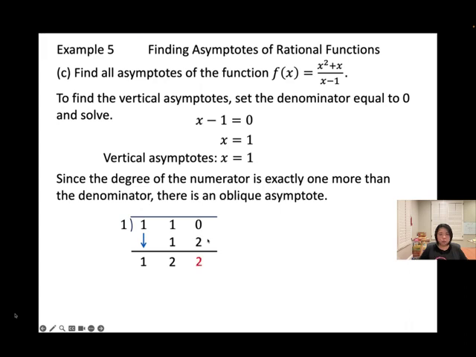So we're going to get the 2 here. Okay, we just ignore the remainder. So the equation of the slant asymptote will be y equal to x plus 2. Okay, this is a degree of 2 here, so we subtract 1. So this is going to be 1x plus 2. So that would be the equation of the slant asymptote.